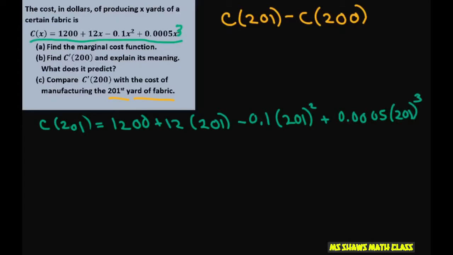So it's this minus C of 200. So if you do C of 200, you fill that in.